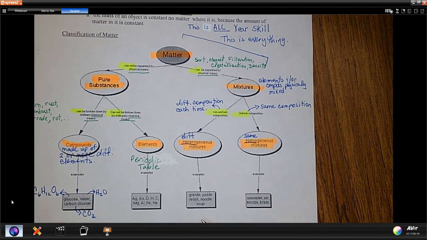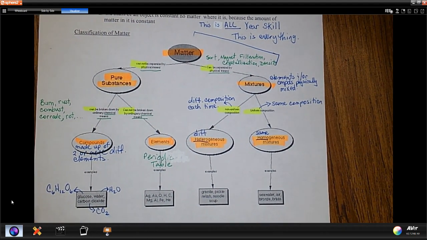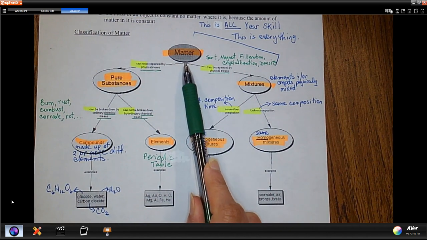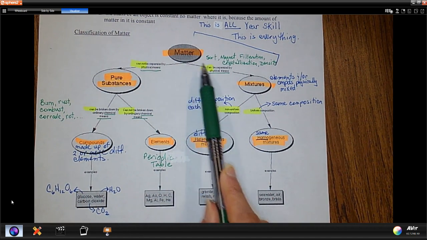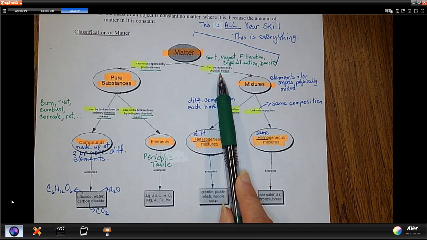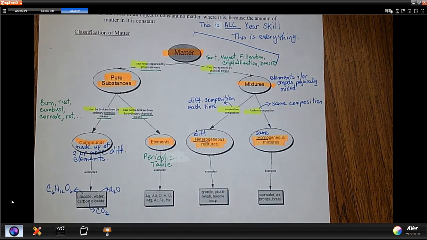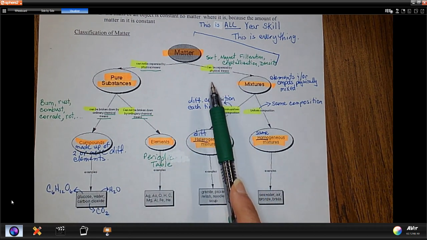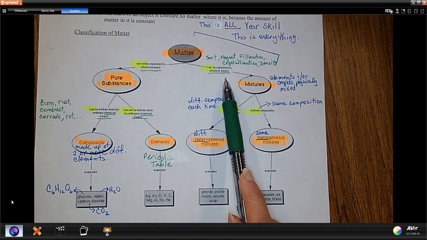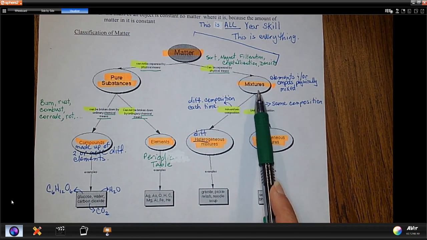Let's go back to this flow chart and relook at this. Where can this matter be separated by physical means? Remember, physical means to sort, use a magnet, something that you can physically separate right then and there. If your answer is yes, it can be physically separated, then we say that this substance is a mixture.